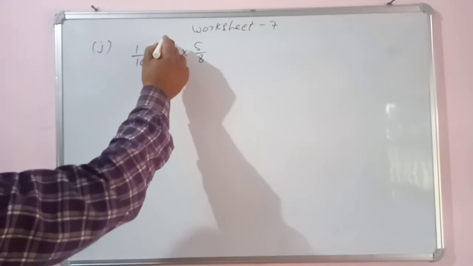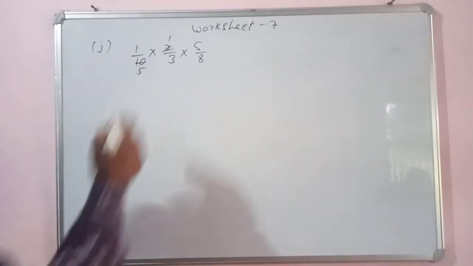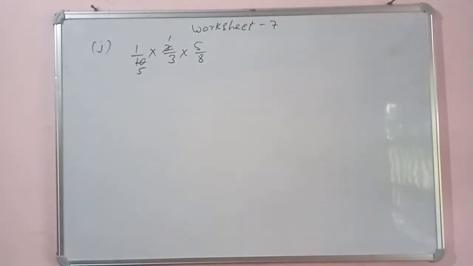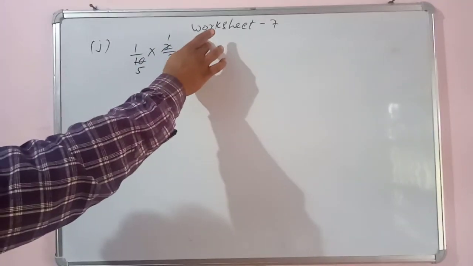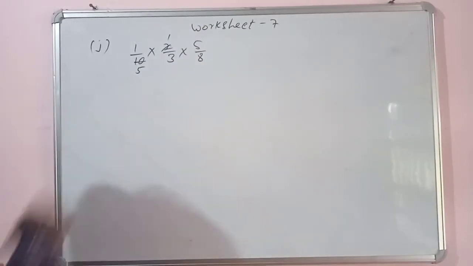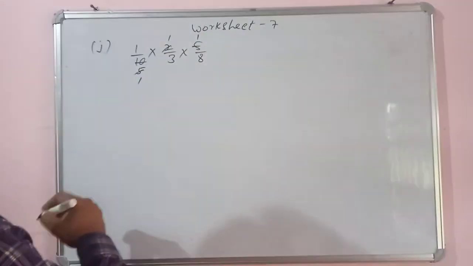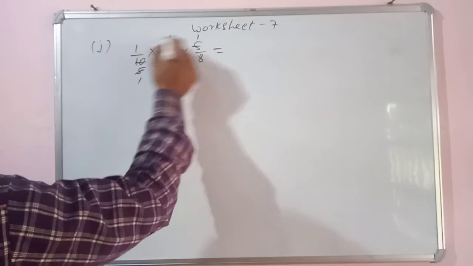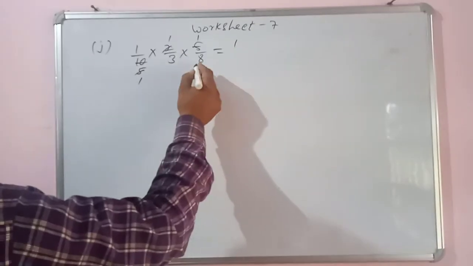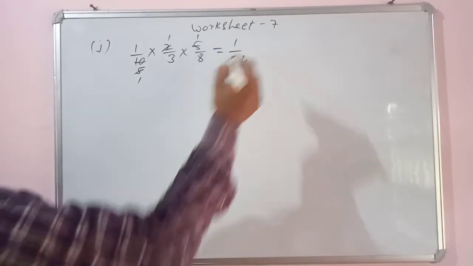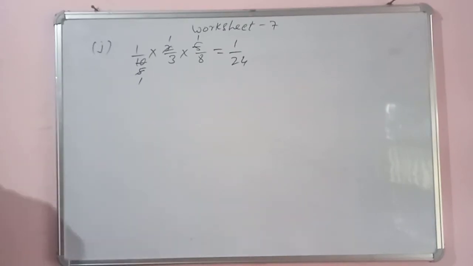So it is 2 1s are 2, 2 5s are 10. No, in the numerator we have only 5, so 5 is divisible by 5, so it is 5 1s are 5, 5 1s are 5. Now what is the answer? 1 1s are 1 and 8 3s are 24. So our answer is 1 upon 24.